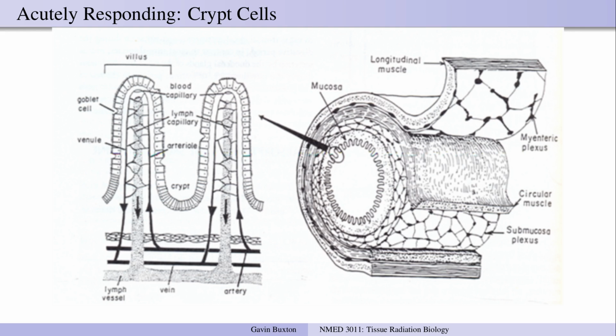Under the harsh conditions of the digestive system. And so radiation effects, we said for acutely responding, are usually seen within a few months. You can actually see the radiation effects much sooner, within a week or 10 days, upon these cells being damaged.